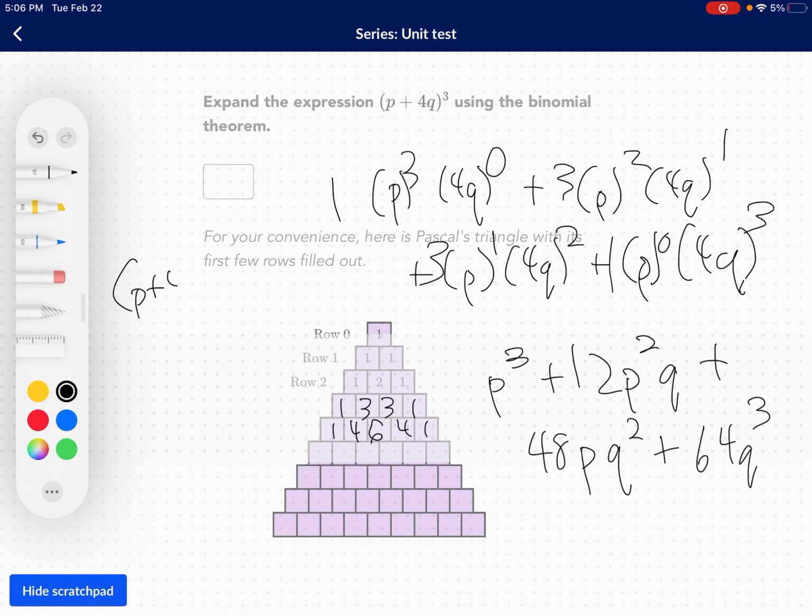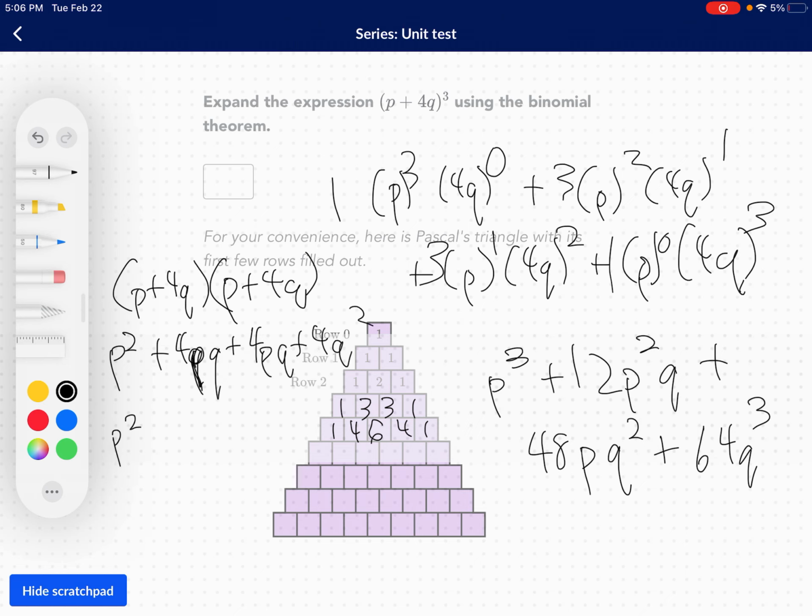I'm just going to do this manually because I do not want to mess up. So P plus 4Q, FOIL this: P squared plus 4PQ, just for good measure, plus another 4PQ plus 4Q squared. So P squared plus 8PQ plus 16Q squared. Multiply that by P plus 4Q again.